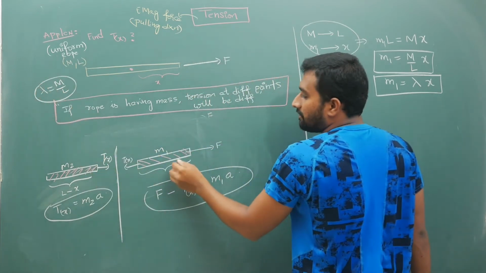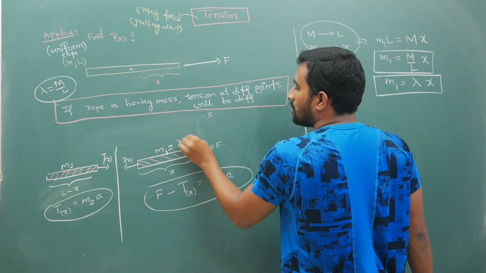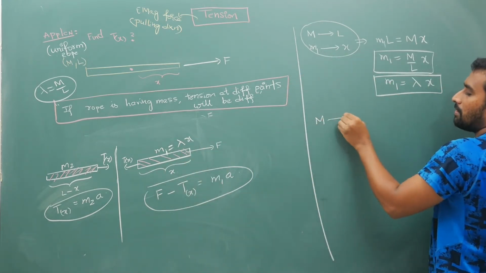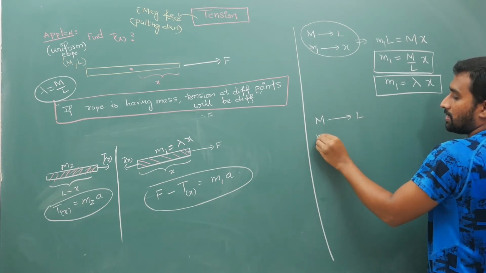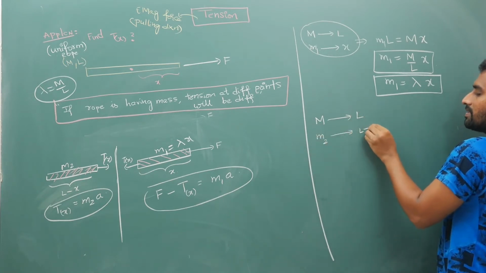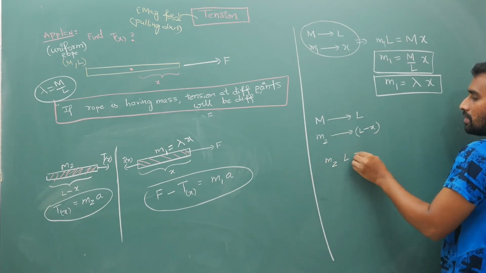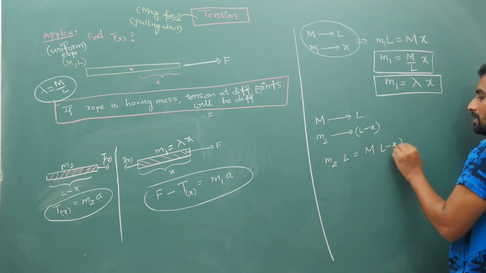So the mass of this part is m1 equals lambda into x. Similarly, for mass M with length L, and mass m2 with length L minus x, if you cross multiply, m2 into L is equal to capital M times L minus x.